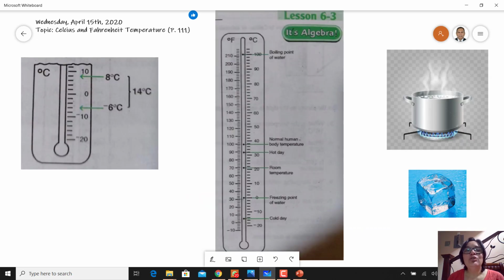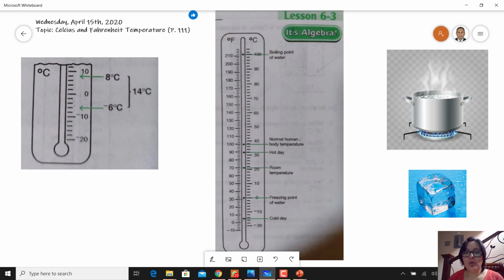Now guys, I need you to open your book to page 111. This time you are not going to need your notebook of math. You will need only your book. So take your book and your pencil and open your book to page 111.